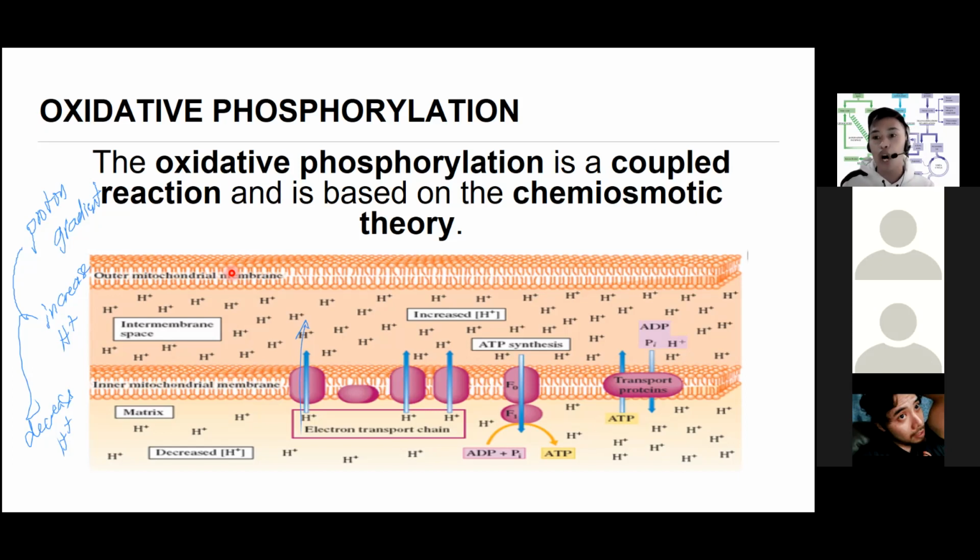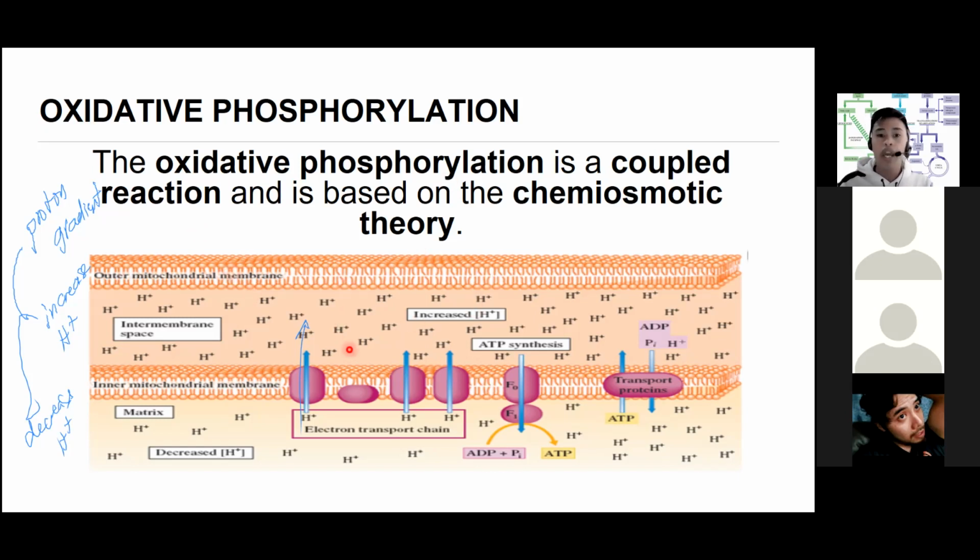This is the consequence of your electron transport chain, because it pumps a lot of hydrogen ions to the intermembrane space, causing it to accumulate a lot of hydrogen ions.